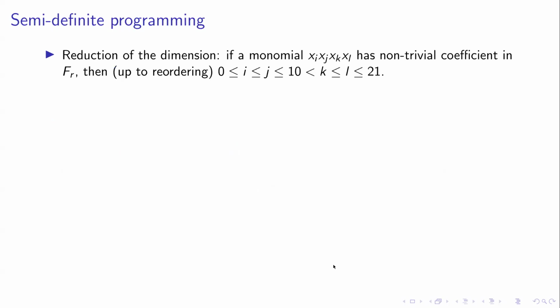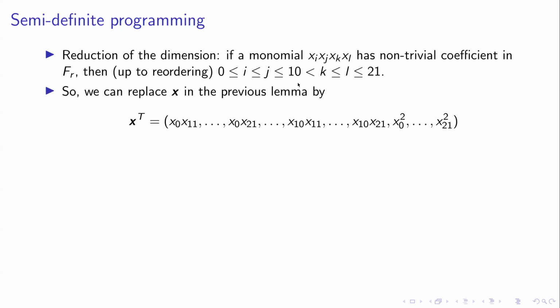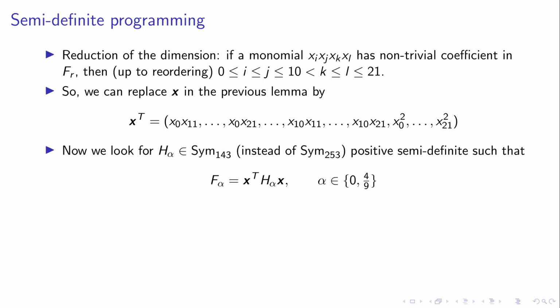In our case, we have an advantage because we can reduce the dimension: since these polynomials are a sectional curvature, not every monomial appears. In fact, we only have monomials of this type, x_i y_j x_k y_l, where the first two indices are between 0 and 10, and the other two are between 11 and 21. So we can replace the X in the previous lemma by this one, and this is significantly smaller.